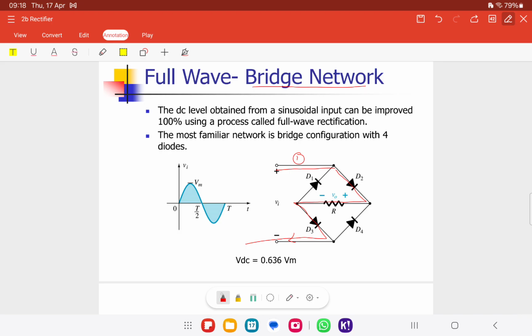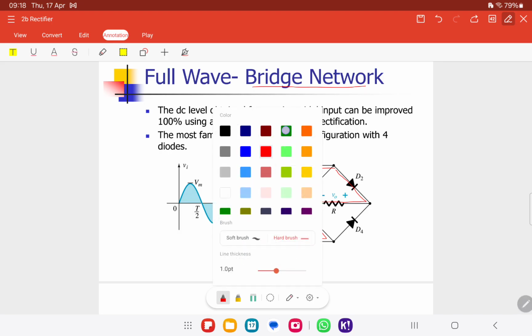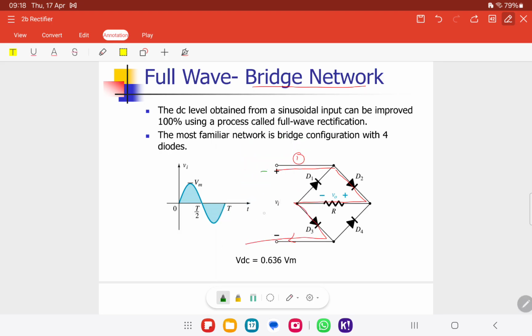What we can do next is change the polarity of this one. It will go in this way, goes D1, goes D4, through R, and out here instead. So both ways pass through the R, the Vout.